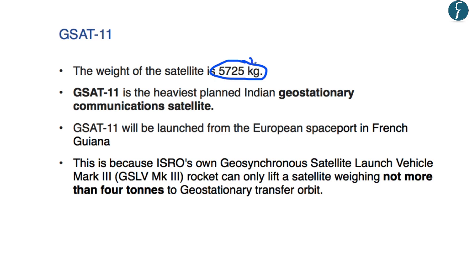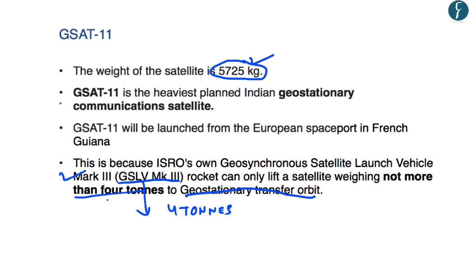Now this weight of the satellite is important because ISRO's own geosynchronous launch vehicle with the name GSLV Mk3 rocket can only lift a satellite weighing not more than 4 tons to the geostationary transfer orbit. This means that GSLV Mk3 can launch a satellite below the weight of 4 tons or 4000 kgs. That is why ISRO is not using the GSLV Mk3 for the launch of GSAT-11.